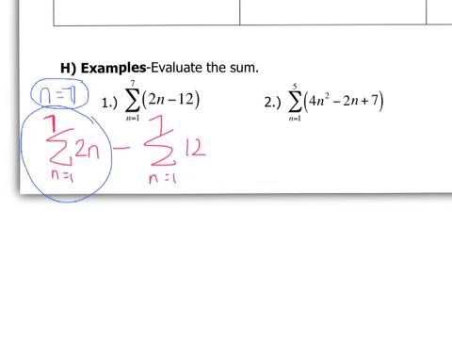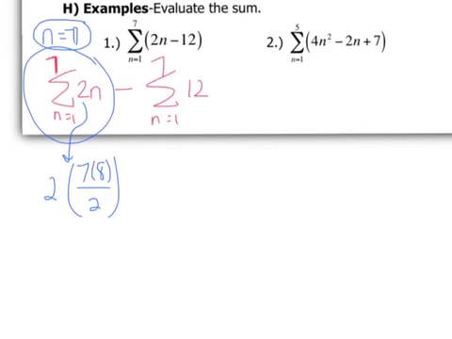So the linear formula is n times n plus 1, which is 8, all divided by 2. Go ahead and bring down that 2 so we don't forget to multiply like we did on the last two examples. Technically that 2 and that 2 cancel out, but you won't always have a 2. But in this example, yes, they would just cancel out.